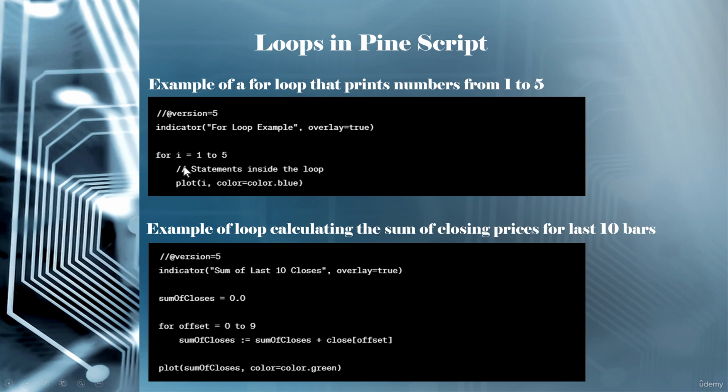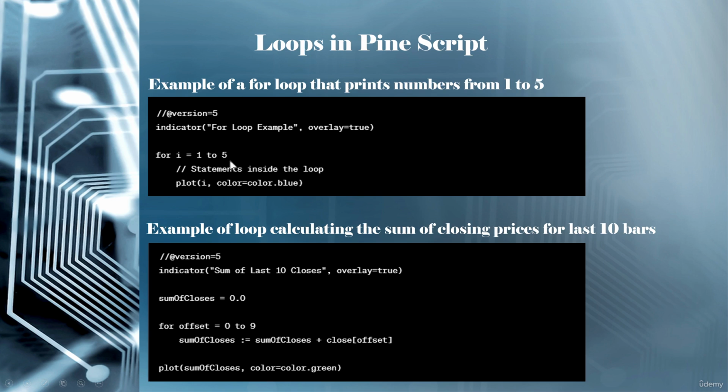What we have here is for, and we have I as an identifier that starts from 1 until 5, and on each of these executions we plot this I identifier.